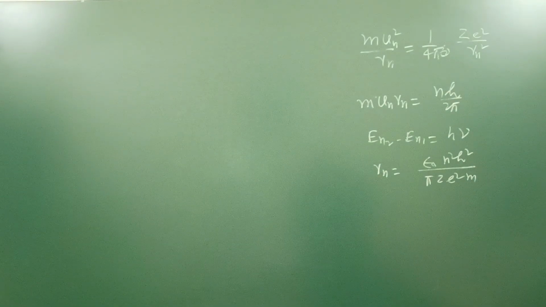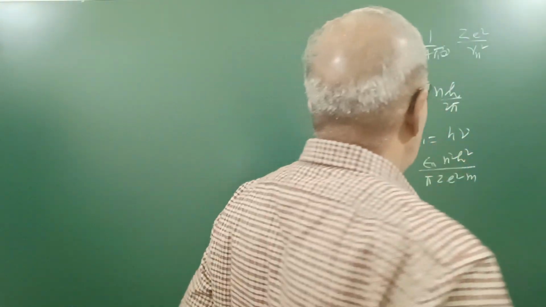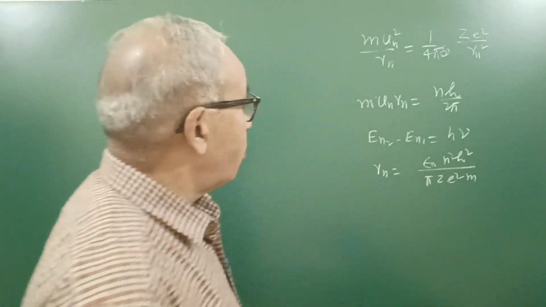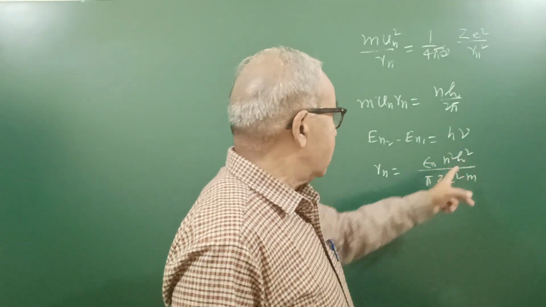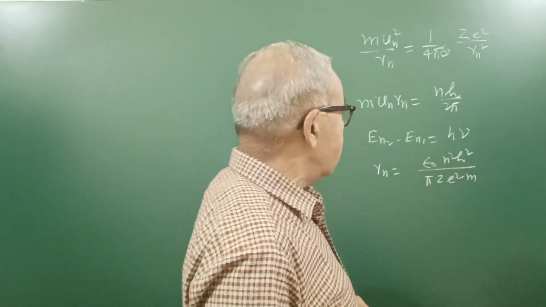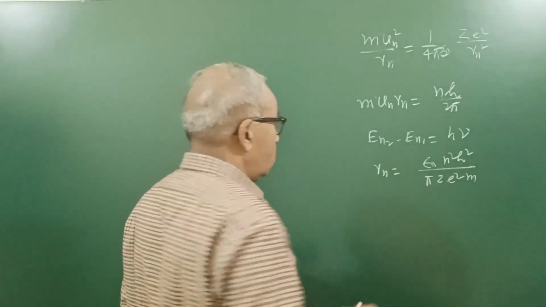Let me verify again, no wrong concept should go. Yes, epsilon 0 n squared h squared. And from here we find that the radius of the orbit is proportional to n squared, because epsilon 0, h, pi, Z, e, 4, m, e squared are all constant values.